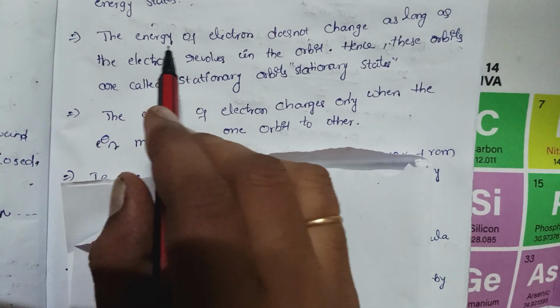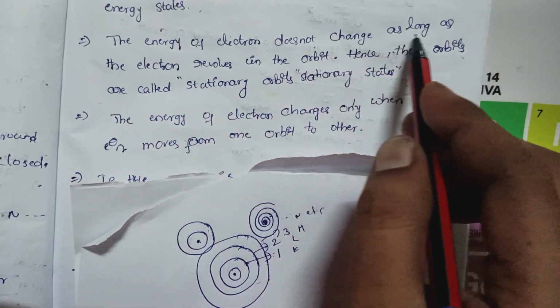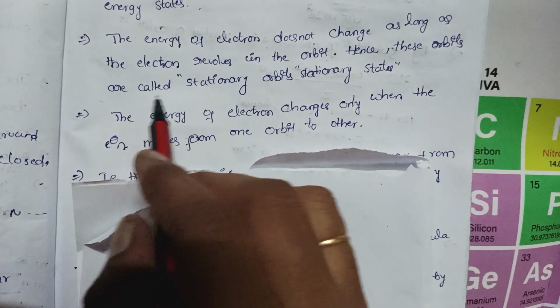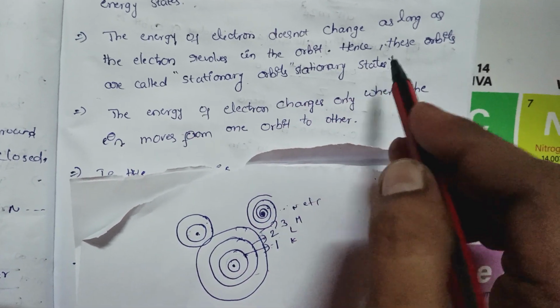Next, the energy of the electron doesn't change as long as the electron revolves in the orbit. These orbits are called stationary orbits or stationary states.